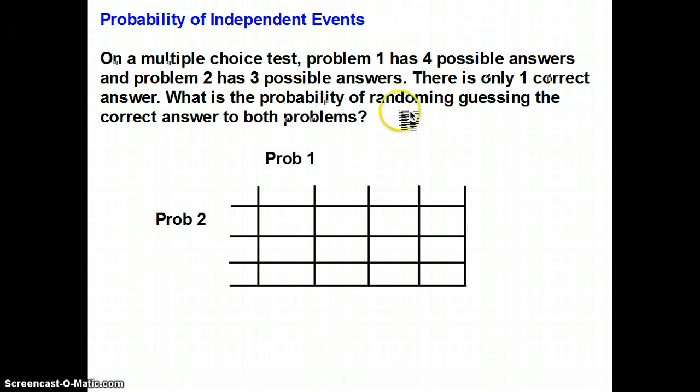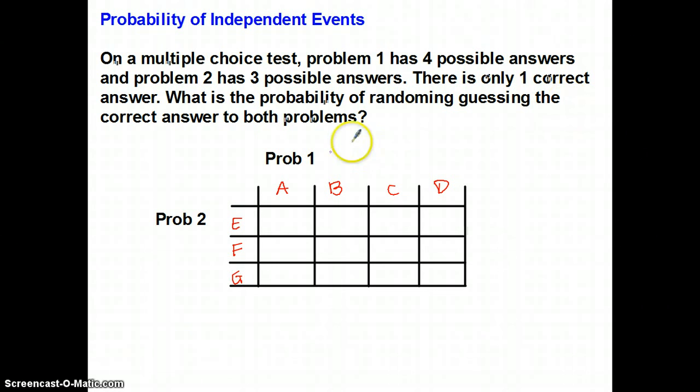So what I have here is a matrix with problem 1 and problem 2. In problem 1, let's say we have A, B, C, D as possible answers, and E, F, G as possible answers for problem 2.